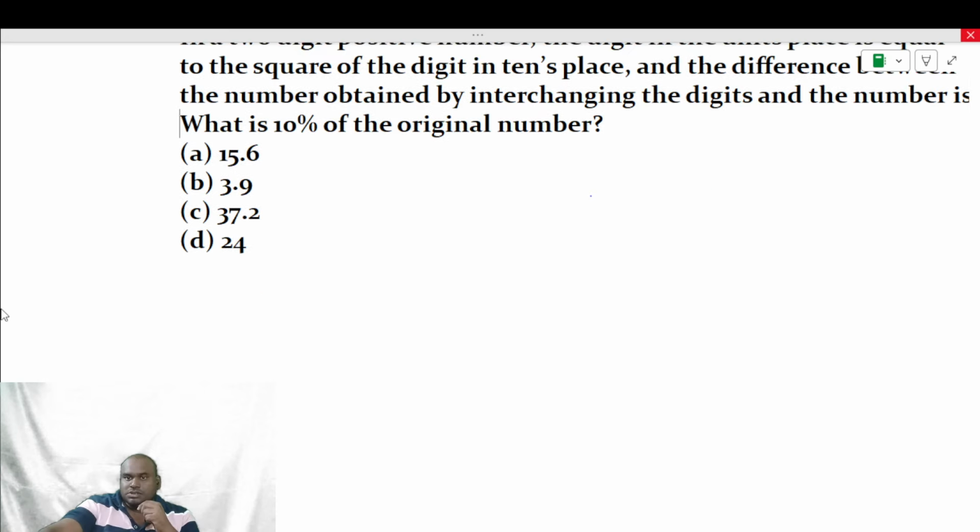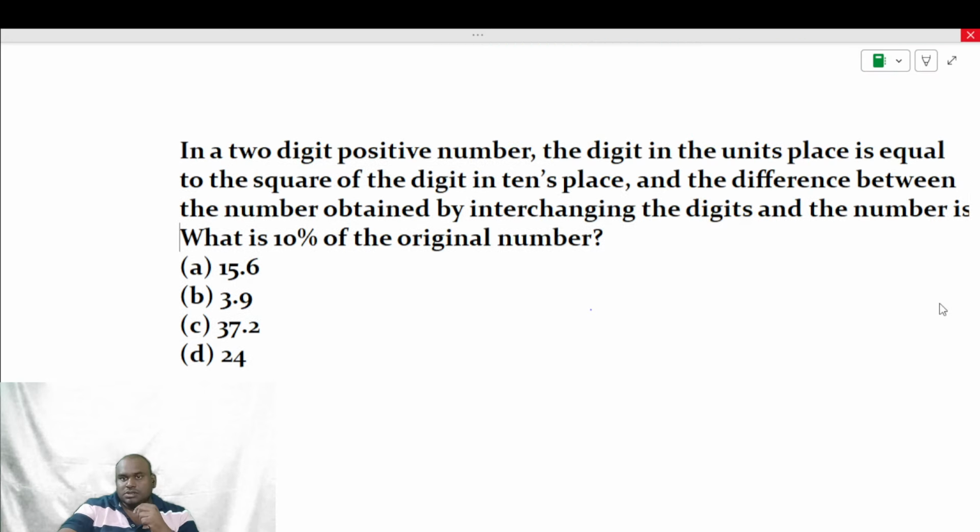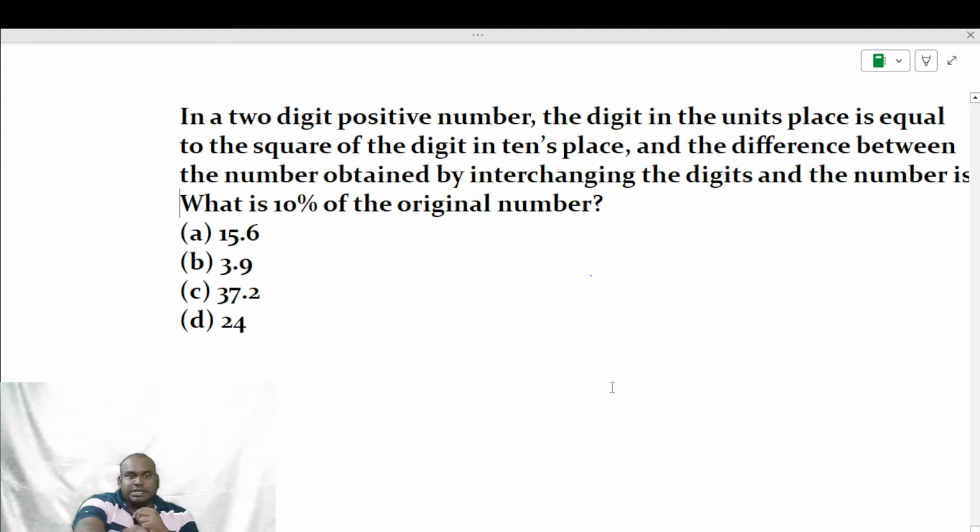Suppose there is x and y. In tens place x is there, in units place y is there. The digit in the units place. What is the digit in units place? y.